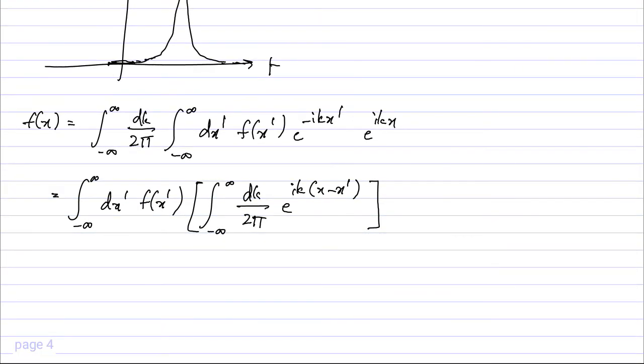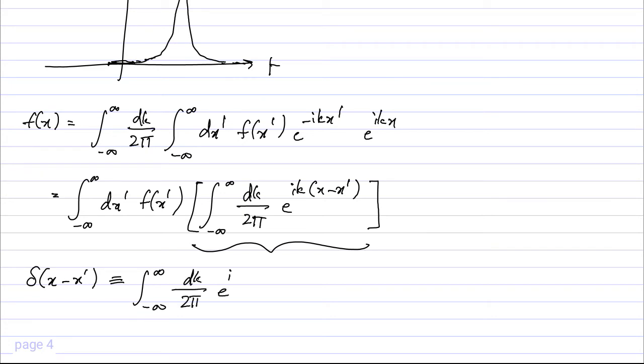I now define this integral in the square brackets as the so-called Dirac delta function. I define it as this thing, and I'll now investigate the properties of this integral. The Dirac delta function is extremely useful in many branches of science and engineering.